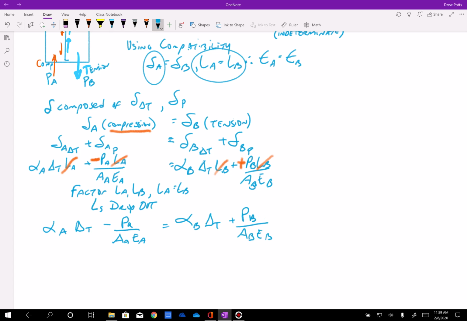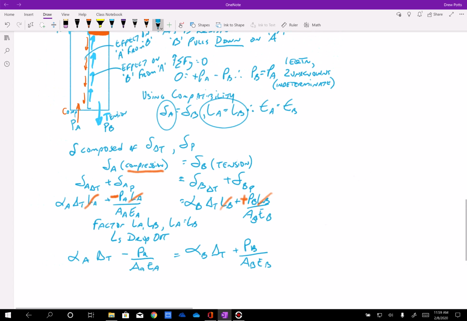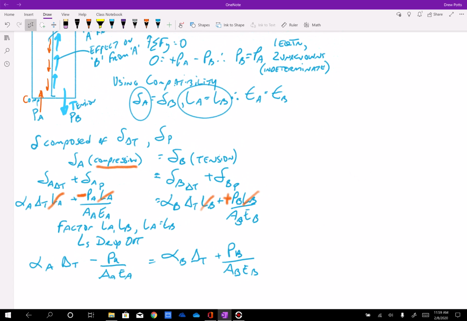That's the expression that we can use. And notice we have another equation in terms of A and B. Then we can solve for that and plug into PA equals PB.